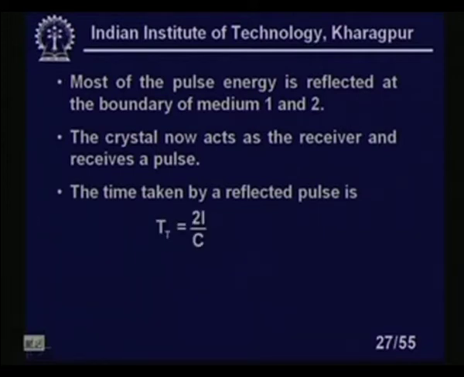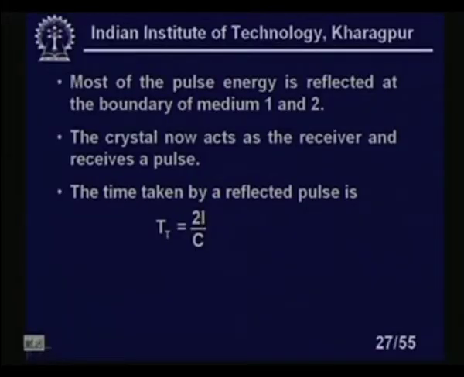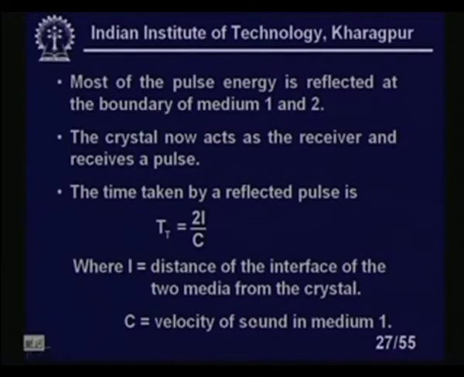The time taken by the reflected pulse is t = 2l/c. Why 2? Because it will go and it will reflect back. So 2l, where l is the length of medium 1, the distance of the interface of the two media from the crystal.